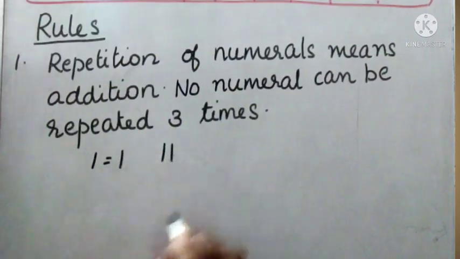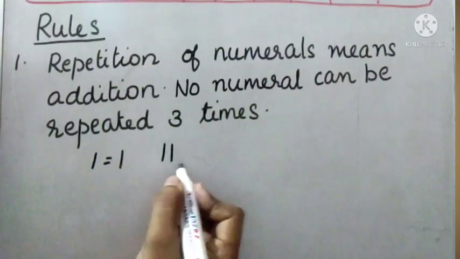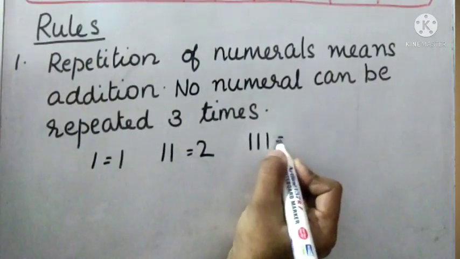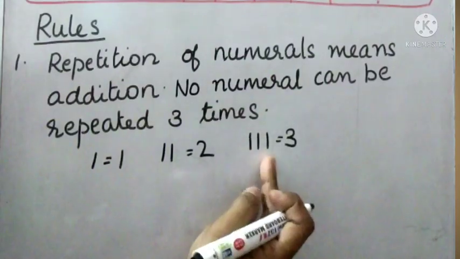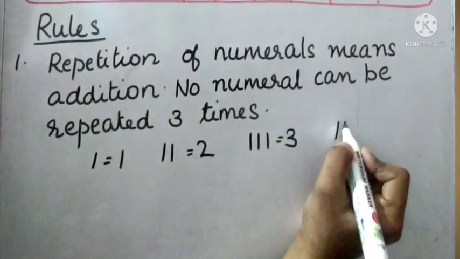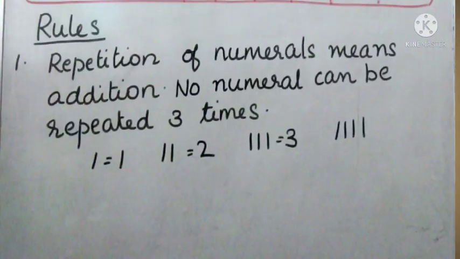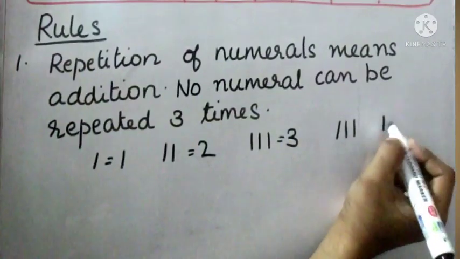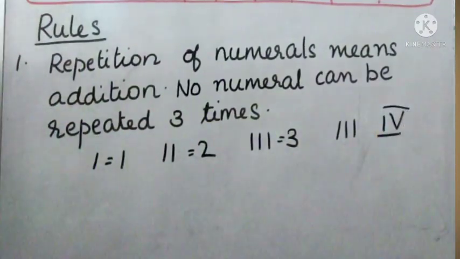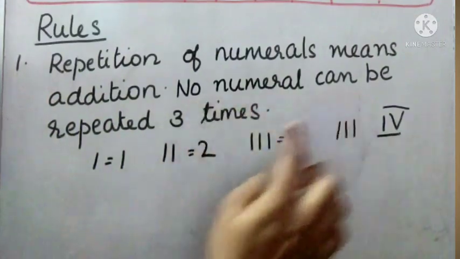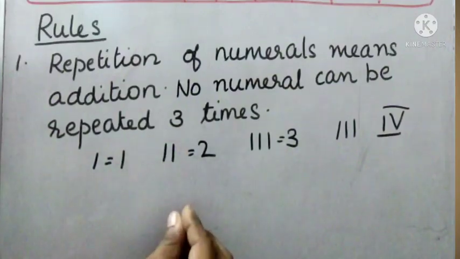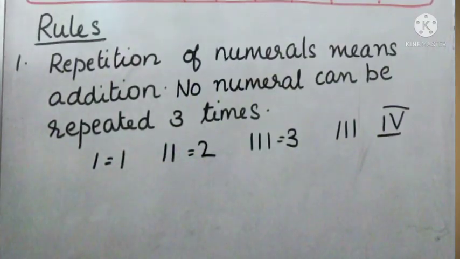When 2 I's are repeated, that is 1 plus 1, 2. 3 I's represent 3, and we cannot write 4 as 4 I's. Instead of 4 I's we write this symbol, this numeral. That is, no numeral can be repeated 3 times. If one numeral is repeated, it means addition.